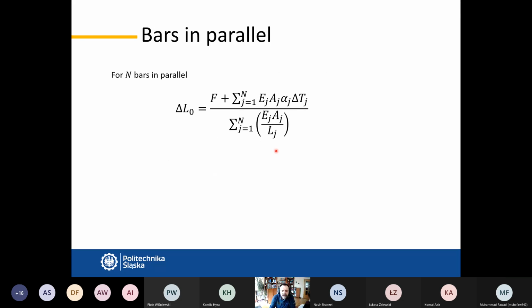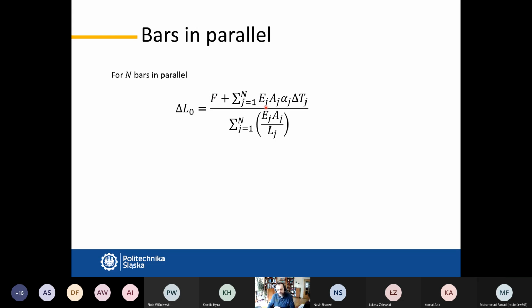All right. And we have generalized this topic to n bars in parallel, so more than 2 bars. It can be written in such a form. We have an external force applied to the system. It may be 0. And here we sum up such factors: Young's modulus, cross-sectional area, expansion coefficient, and change in temperature for a given member.